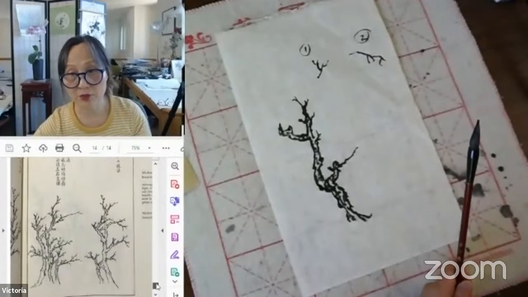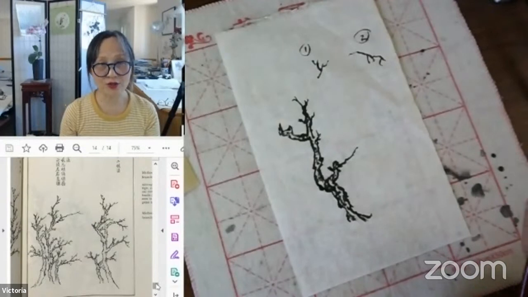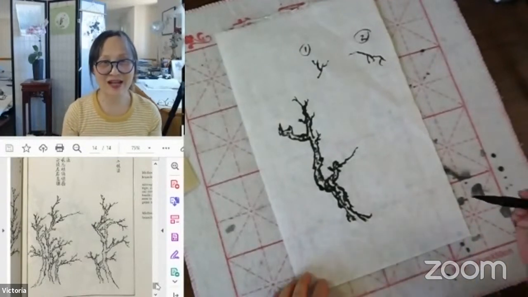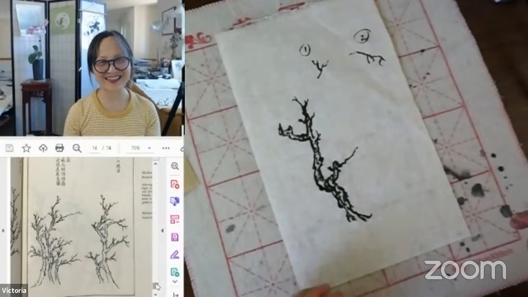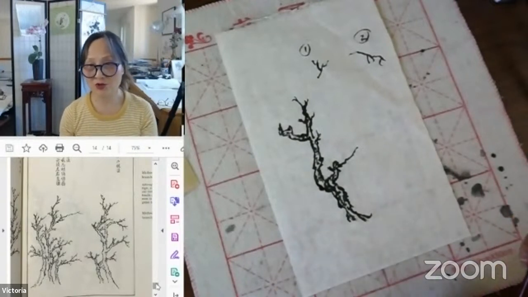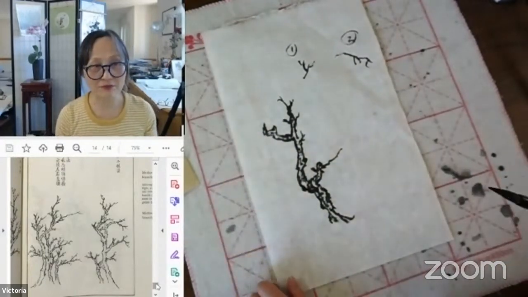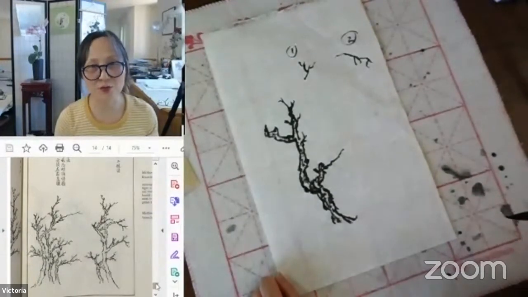The second picture, if you have more than two trees, it's easier to show left and front and back, isn't it? Yes. So it's easier. And the principle is to do more than one tree. For two of them, you do one large, one small, looks much better.